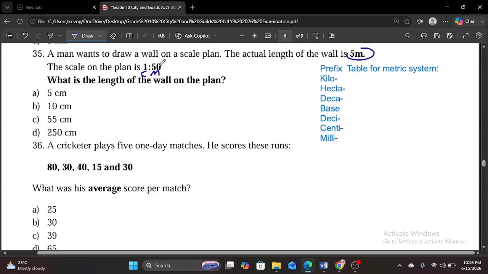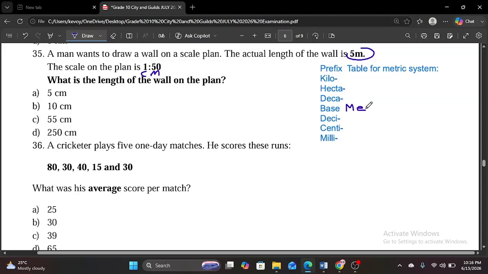So if you have 1 centimeter representing 50 centimeters, how much is going to give you 5 meters? All right, so from centimeters to meters would be right here. So a meter would be right here.